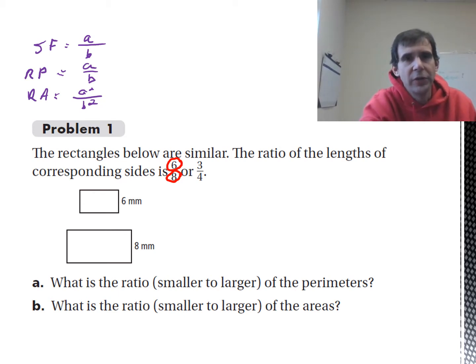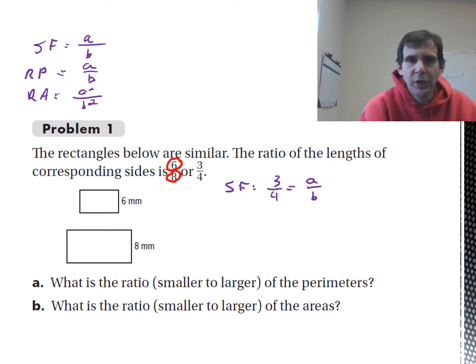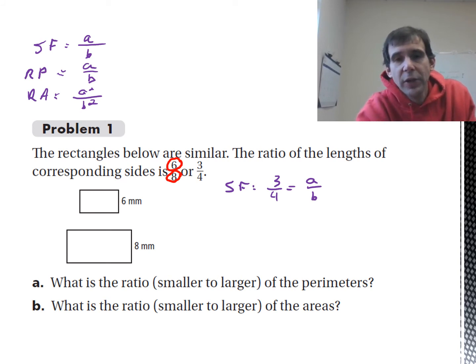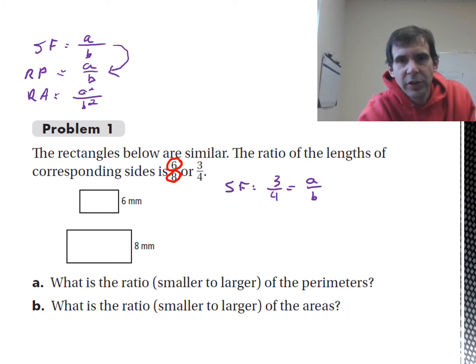Well, we know the scale factor is A over B, which here is 3 over 4. Remember, the scale factor is your two corresponding sides, so it's the ratio of the lengths. The ratio of the perimeters is exactly the same as your scale factor, so that's going to be 3 over 4.